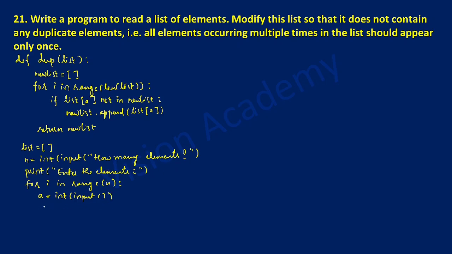Here I'm going to write list dot append, and here in a bracket we are going to write a. So as and when the values will be entered, these values will be appended to the list.